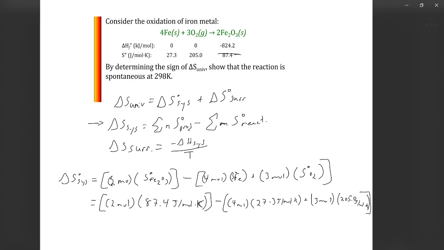Then go in and do this multiplication, and then do the addition, and you end up with this. You end up with delta S for the system is equal to 174.8 joules per Kelvin in this case, because the moles will cancel out, minus 724.2 joules per Kelvin.